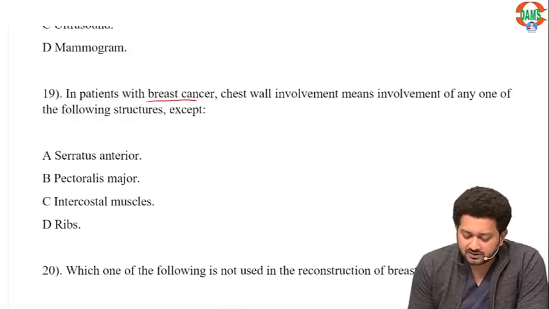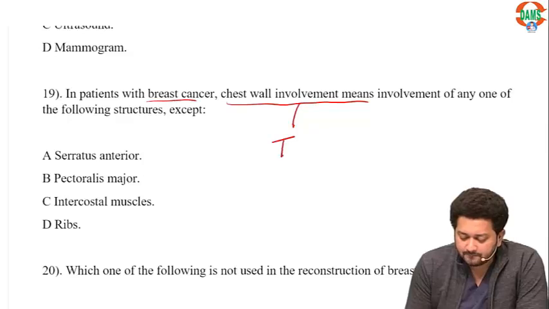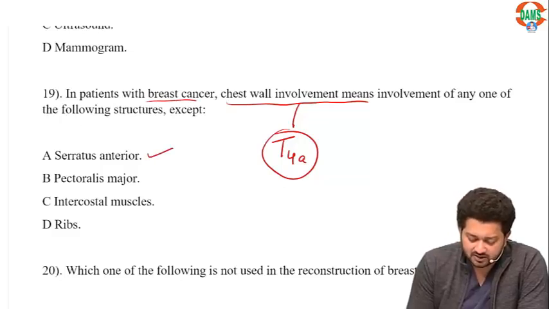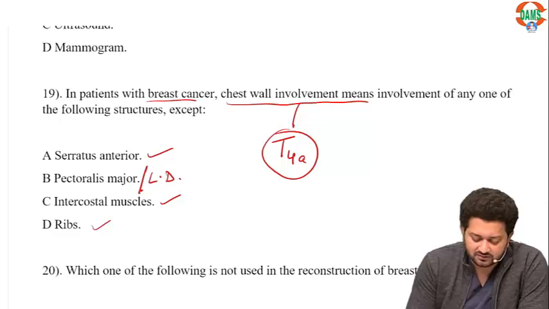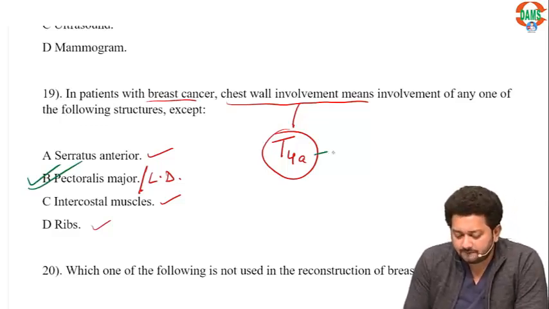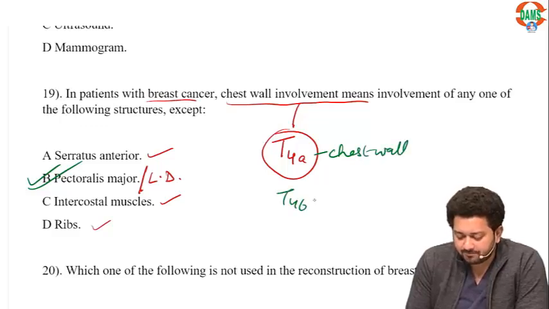In a patient with breast cancer, chest wall involvement comes in T4A. Involvement of all of the following except: serratus anterior, yes. Intercostal is yes. Ribs is yes. Pectoralis major and latissimus dorsi is not chest wall involvement. So T4A is chest wall. T4B is skin involvement.